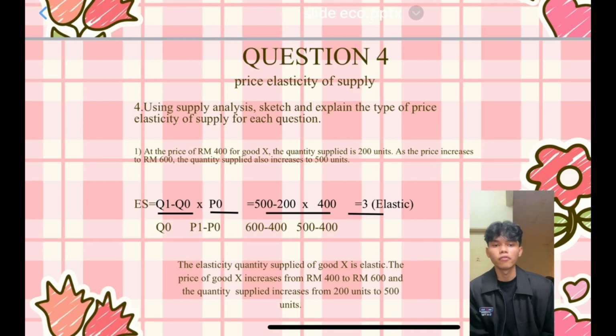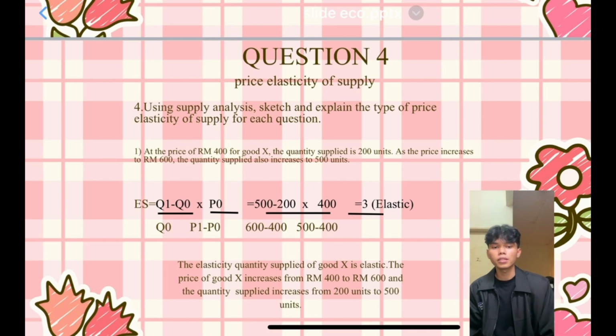So the formula is Q1 minus Q0 divided by Q0, times P0 divided by P1 minus P0. So 500 minus 200 divided by 200, times 400 divided by 600 minus 400. The answer is 3, and it's elastic because it's above 1.